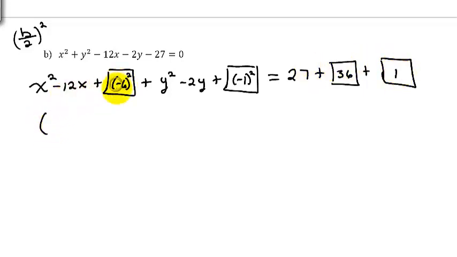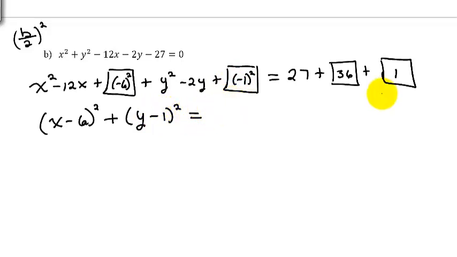So again, the reason that we're leaving these as some number squared in these first boxes on the left-hand side is because it tells us exactly what to put in our parentheses. So for the x's, we're going to put in x, and then what we're squaring is -6, so that's x minus 6 in the parentheses, squared, plus the parentheses for the y's, and the number I had to square for the y's was -1, so it's y minus 1, that quantity squared.